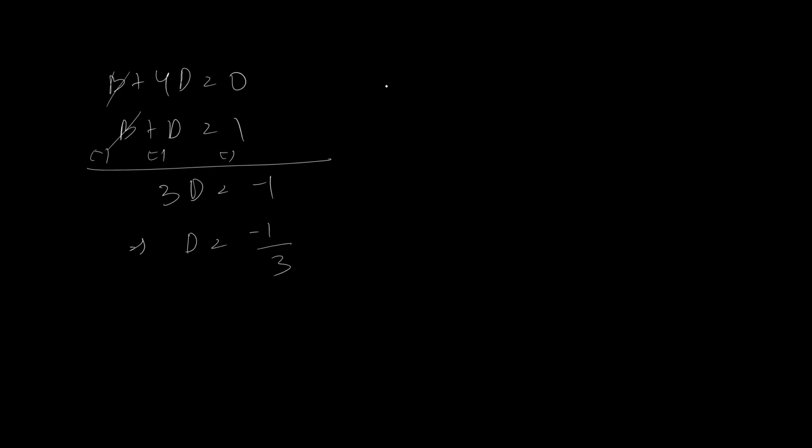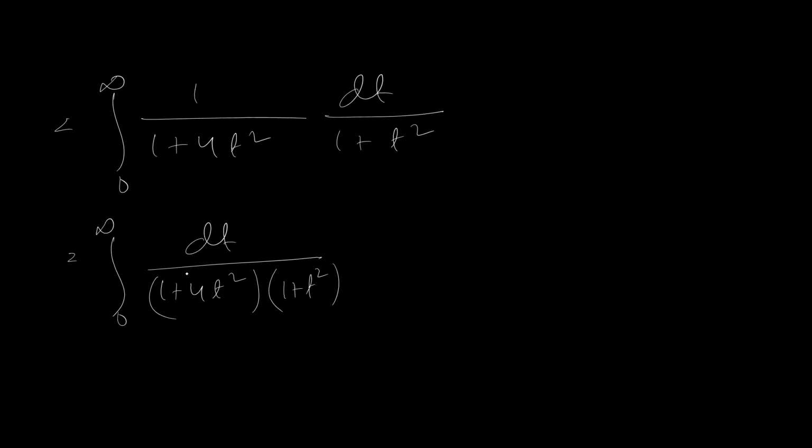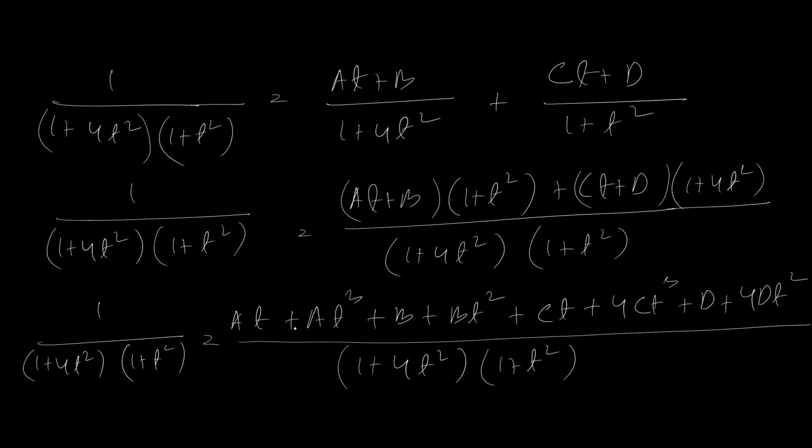If I put it in this equation, b minus 1 by 3 is equal to 1, b is equal to 1 plus 1 by 3, b is equal to 4 by 3. So a value I got 0, b value I got 4 by 3, c value 0, d value I got minus 1 by 3. Now these values I will put in here.